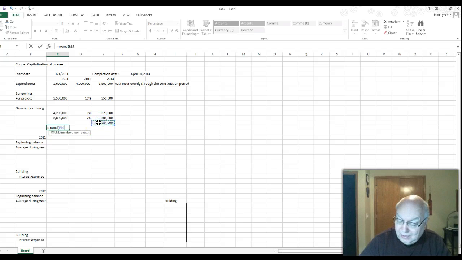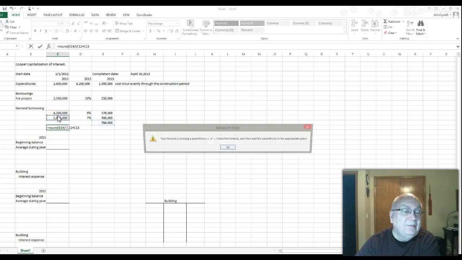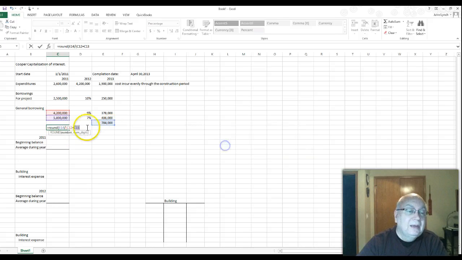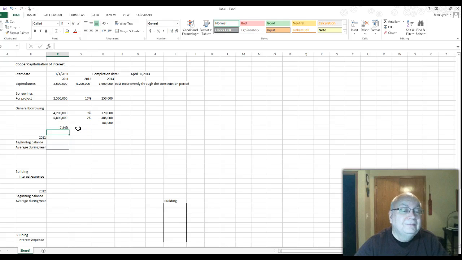The 784 divided by the total amount borrowed, which is 4.2 million plus the 5.8 million. And you close, comma, 4 decimal places because it is a percentage. Okay, so 7.84% is our general borrowing.